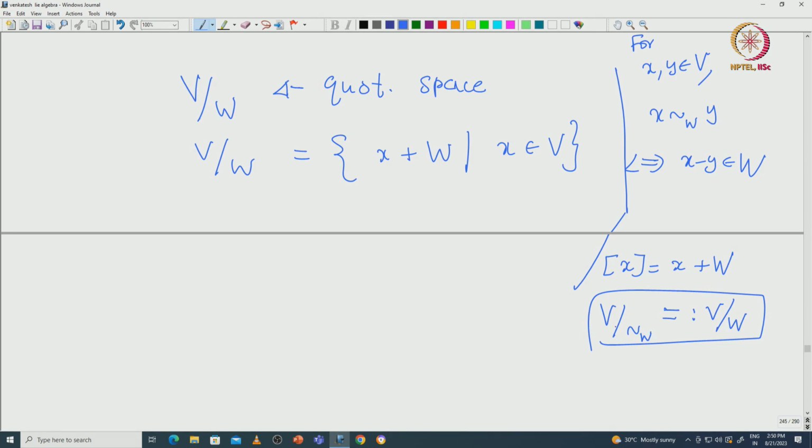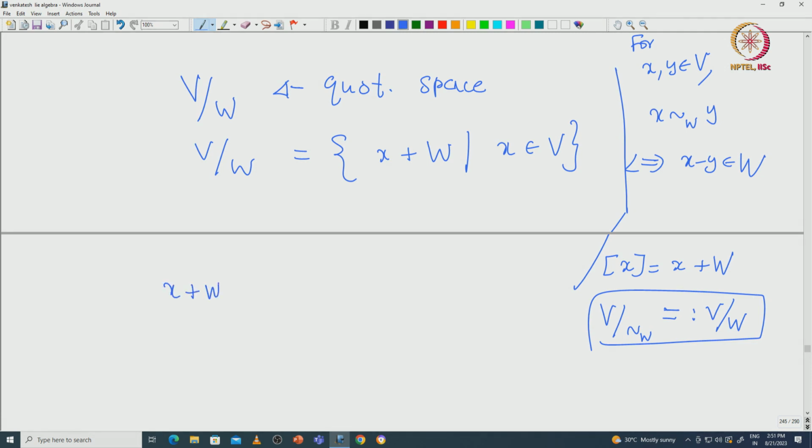We identify this quotient set with V modulo W, and there is a natural addition and scalar multiplication inherited from V that makes V modulo W a vector space over C. What is the addition?